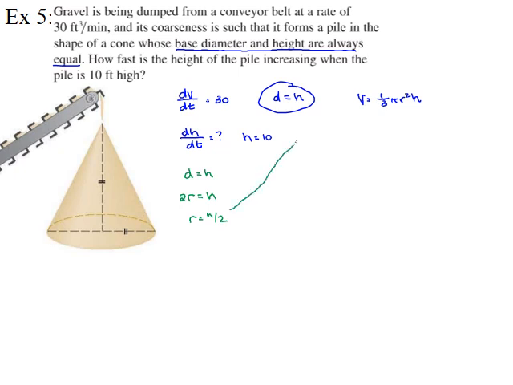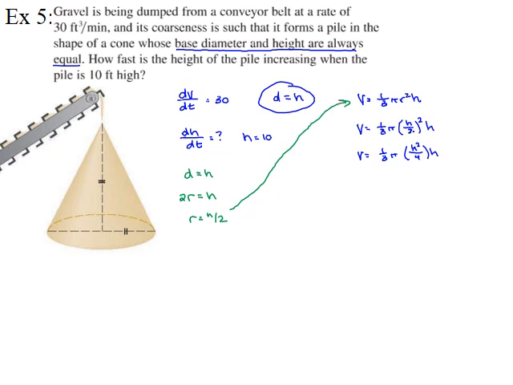If I substitute this into my volume formula, I can say that volume is 1/3 pi times (h over 2) squared times another h. So volume is 1/3 pi times h squared over 4 times that other h.